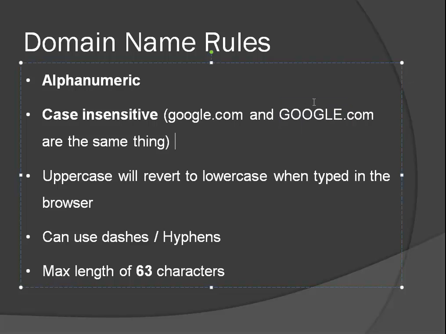If you type in google.com with all uppercase, the browser will actually translate them to lowercase. You can use dashes or hyphens, which are basically the same thing. They are this symbol. That's the only symbol that you can use in your domain.